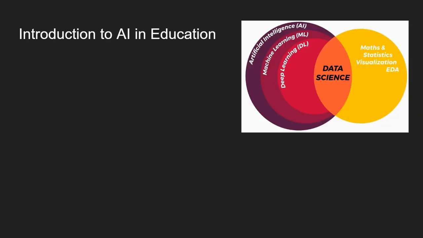Let's begin with an introduction to AI in general and AI in education. Artificial intelligence or AI contains various domains, one of which is machine learning, how the machines learn, and deep learning, which is another method of machine learning, and sometimes it requires supervised learning and unsupervised learning.